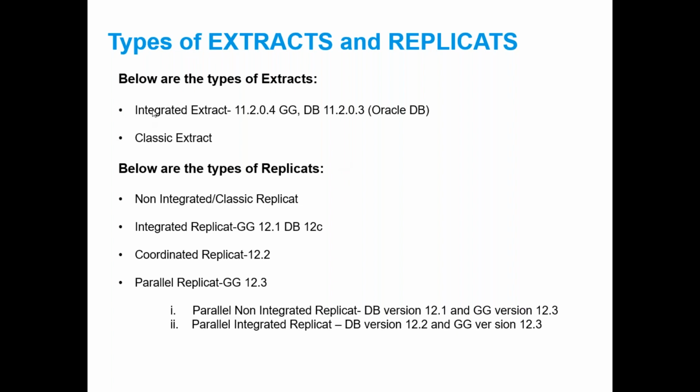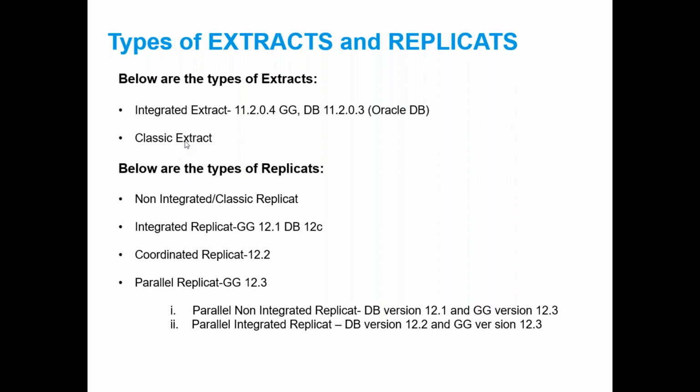So when we talk about integrated, that means integrated is a type of GoldenGate extract. And when we talk about microservices, it means it is a type of GoldenGate architecture. So the different types of GoldenGate extracts available are integrated extract and classic extract.